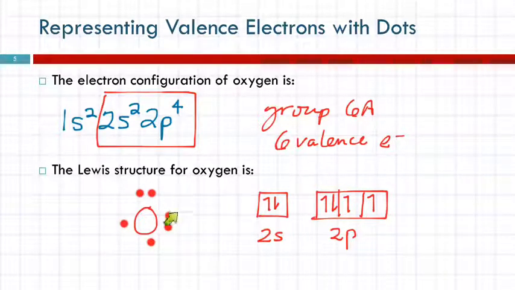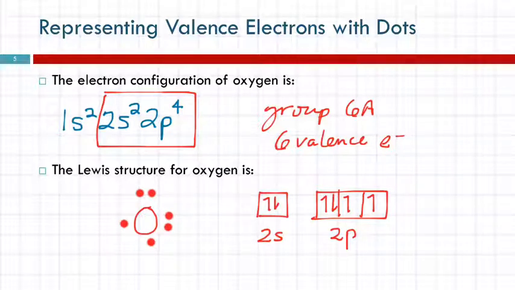And when we follow this pattern of going one on the top, one on the right, one on the bottom, one on the left, and then doubling up as needed, we end up coincidentally doing the same thing. So here we have a pair of electrons, a pair of electrons, a single electron, and a single electron. It ends up mirroring what's going on in the orbital diagram. So it just kind of happens for you without thinking about it.